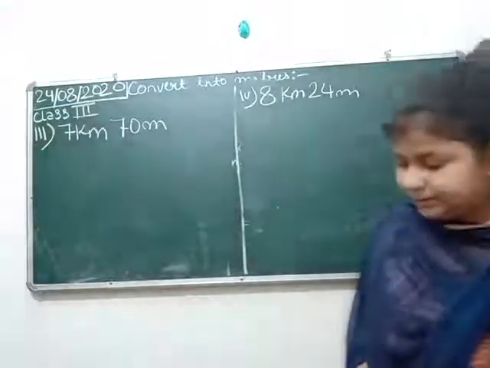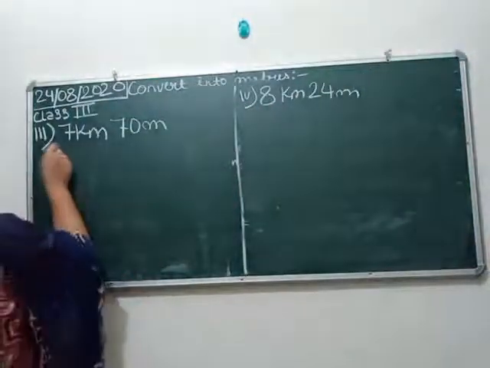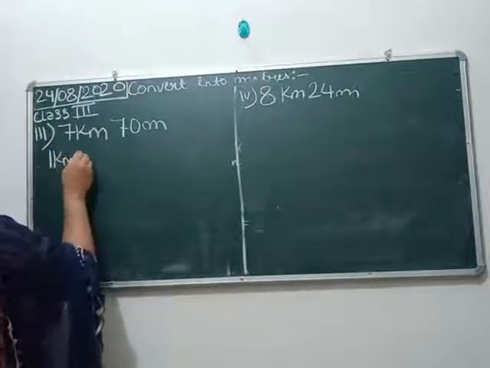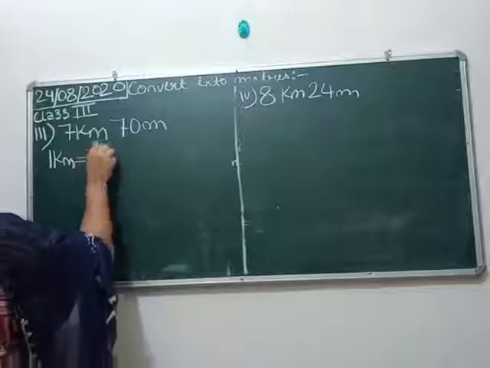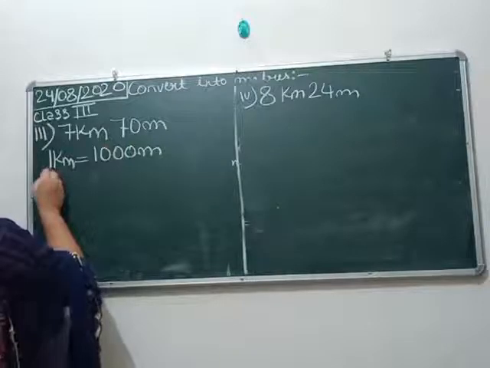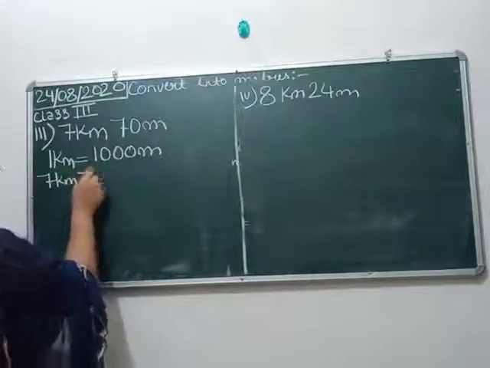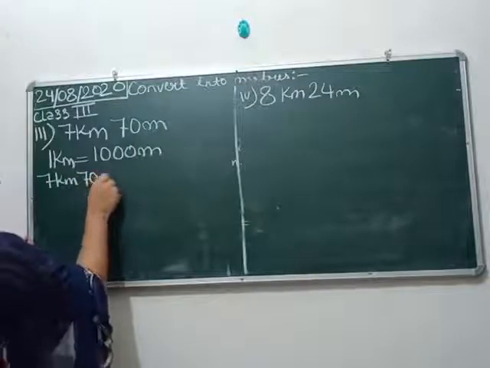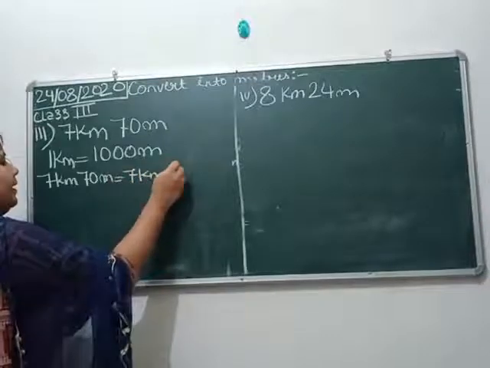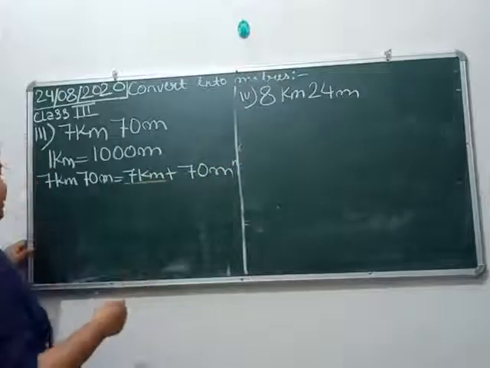Okay, see, everything will remain the same, like 1 kilometer is equals to 1000 meter. Now 7 kilometer 70 meter is equals to 7 kilometer plus 70 meter. Now we will convert this 7 kilometer.